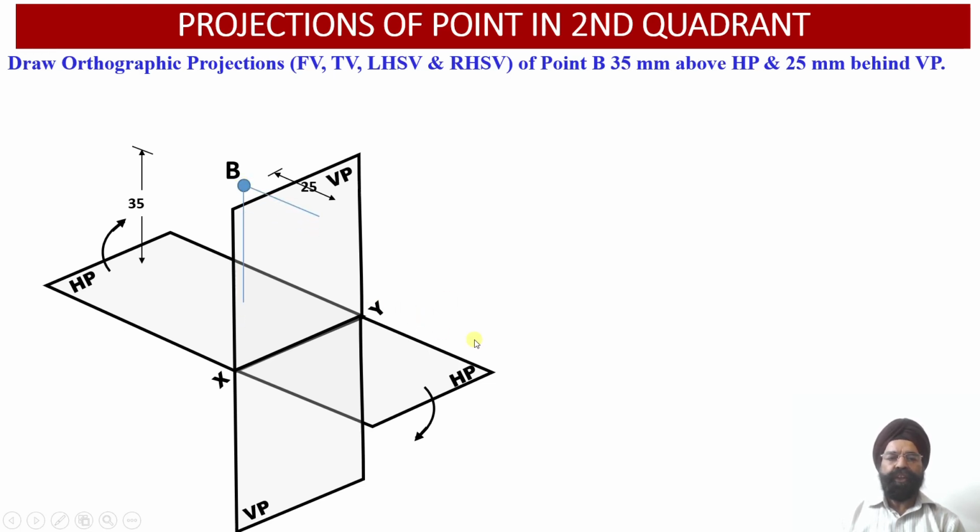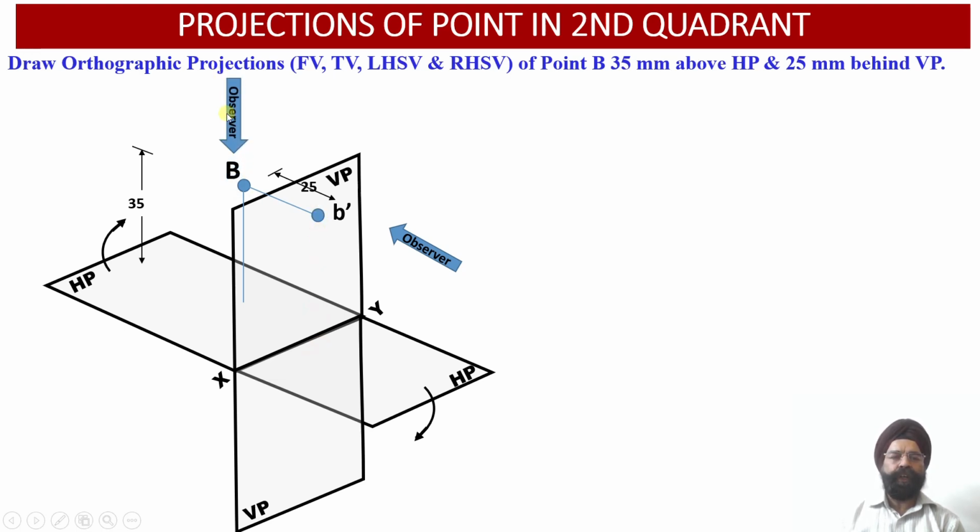Now when the observer looks at this point B from the front view orientation, the front view projection, that is the elevation projection of this point B, will be obtained as point B dash located on the vertical plane in such a way that this point B dash will be at a distance of 35 millimeter above the XY reference line over here.